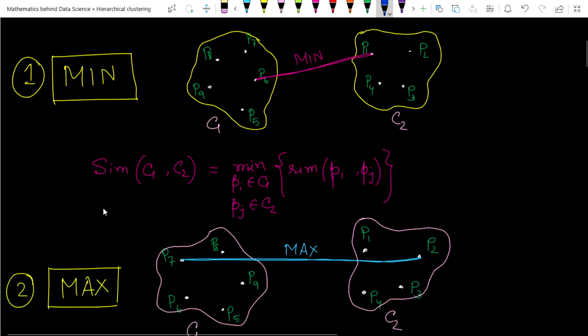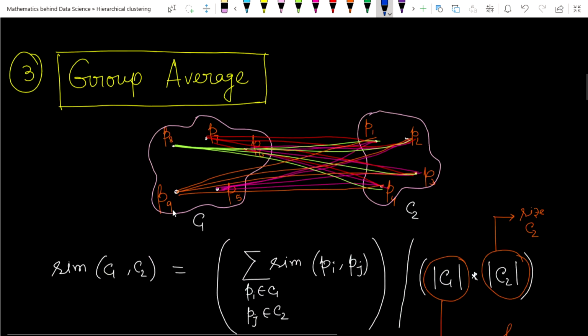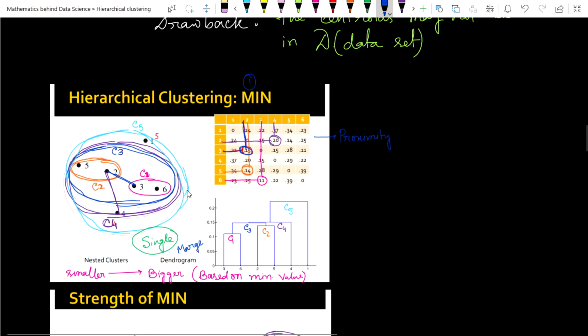If till now you don't understand this thing, please pause this video and try to think yourself one by one. Just see this min part first and try to visualize these things yourself. Just see this mathematical formula and take this data.